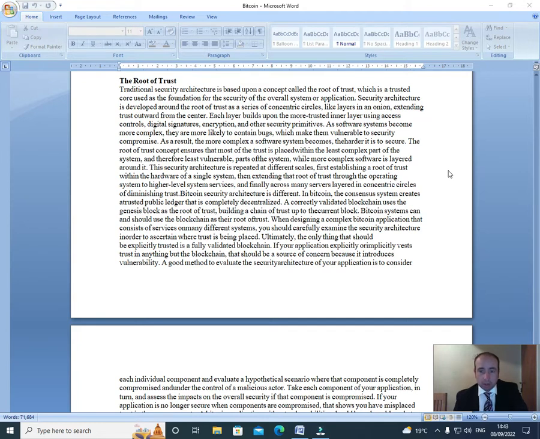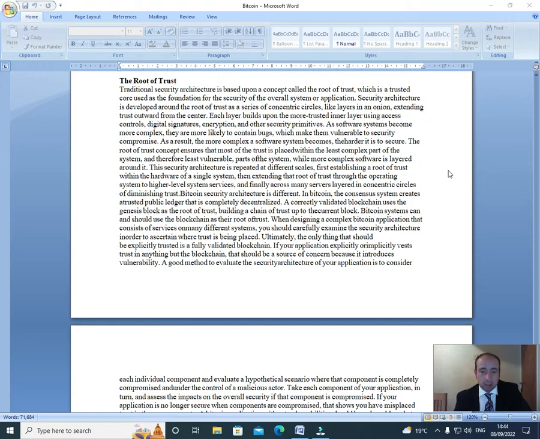While more complex software is layered around it, this security architecture is repeated at different scales, first establishing the root of trust within the hardware of a single system, then extending that root of trust through the operating system to higher level system services, and finally across many servers layered in concentric circles of diminishing trust.